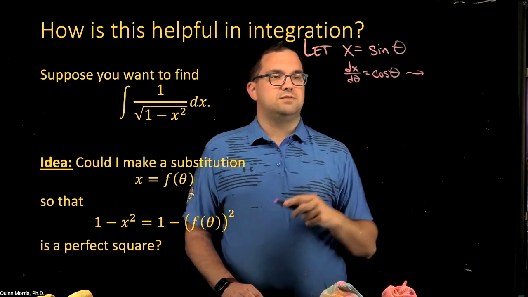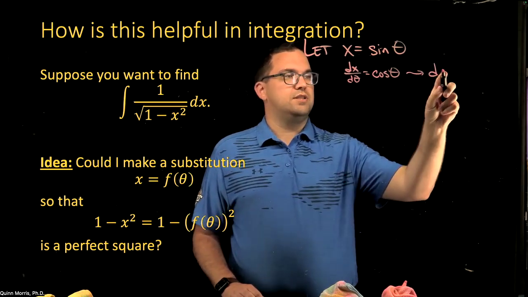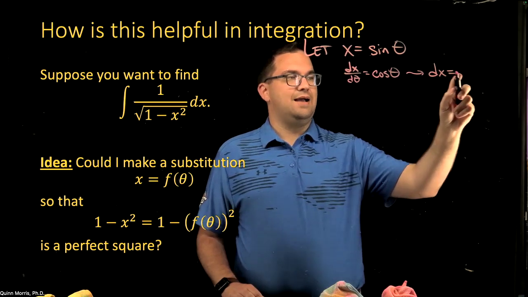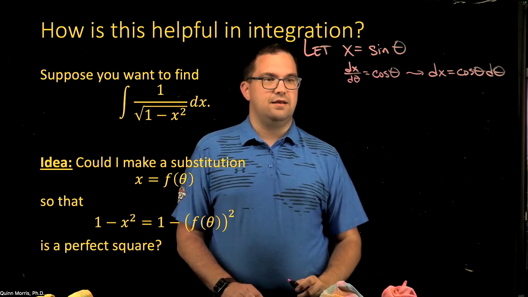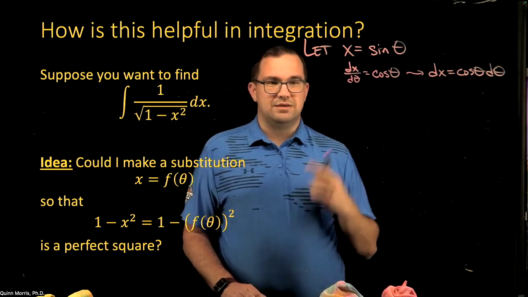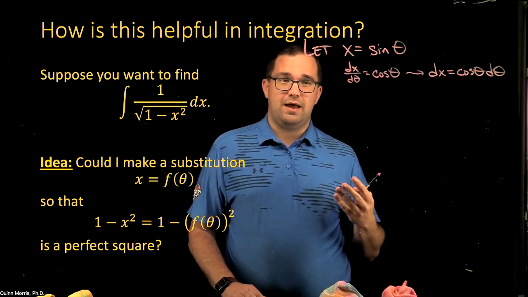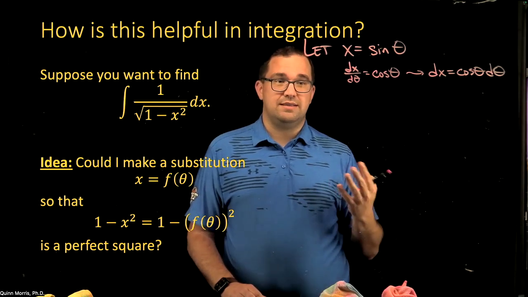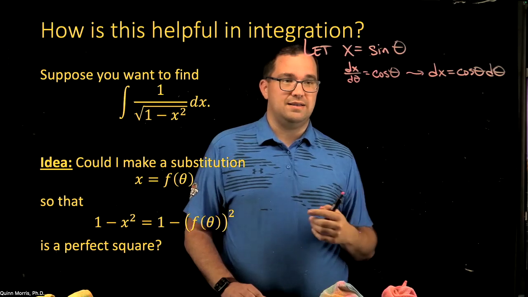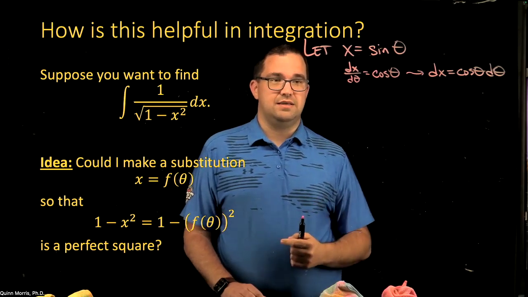And it's often the case, because we want to use differential notation, that we'll just write this as dx is equal to cosine of theta d theta. So it's, again, even though it doesn't technically make sense to multiply by d theta on both sides, it actually works to treat it that way, and so we will. We'll just write dx is equal to cosine of theta d theta.